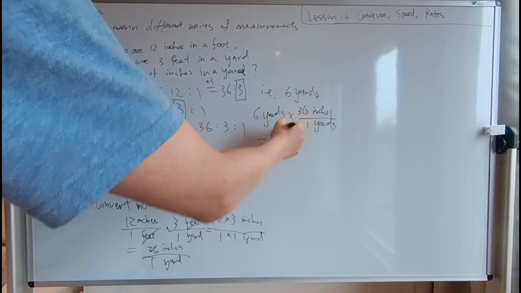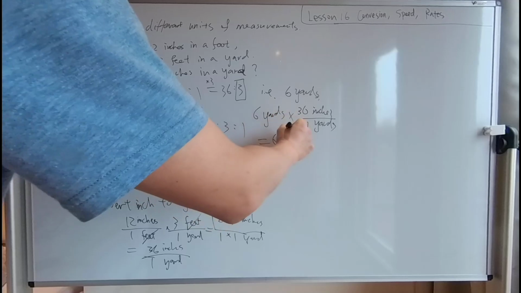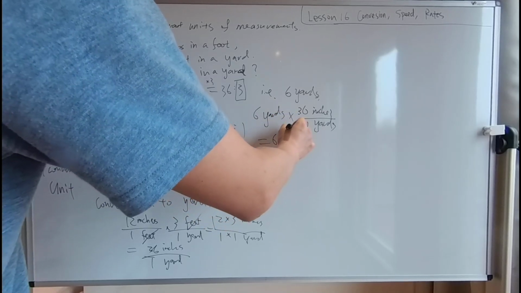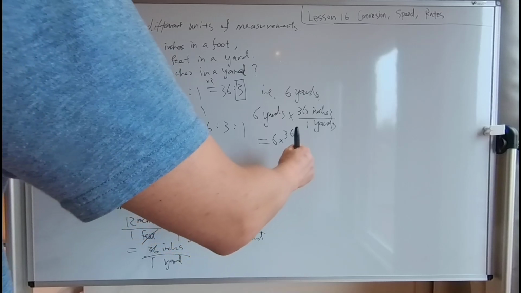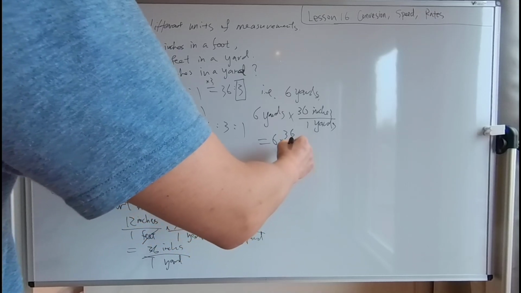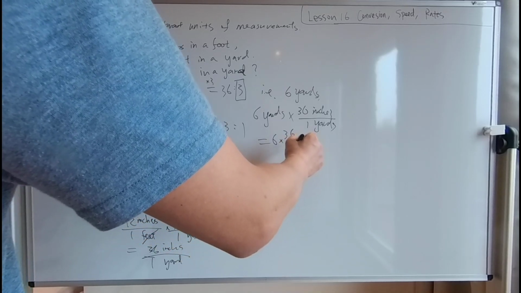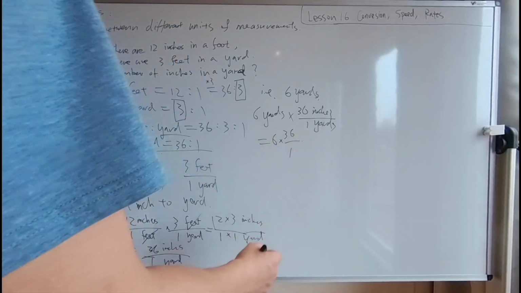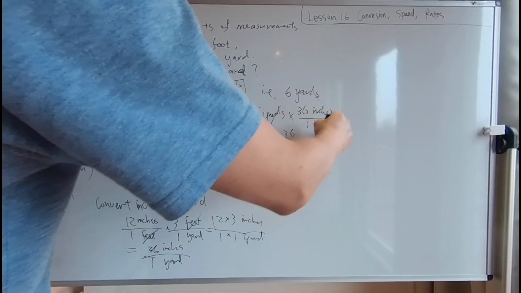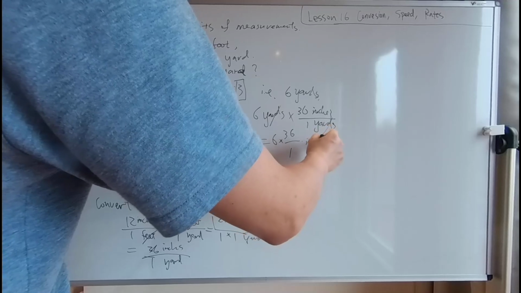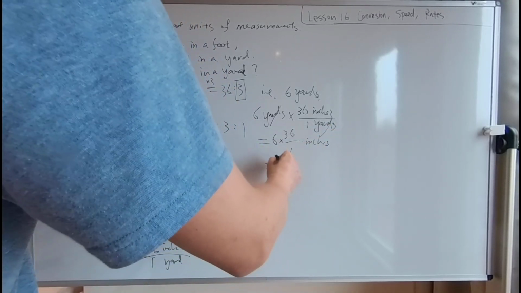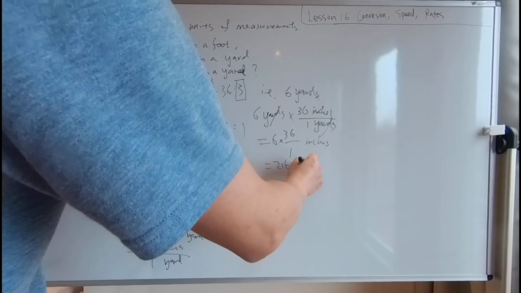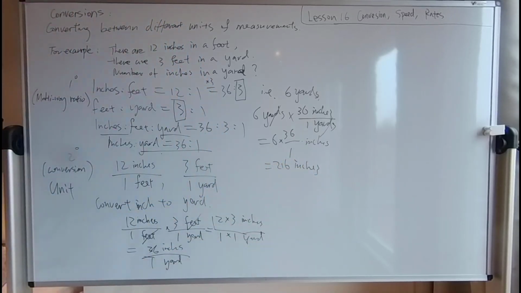Then numbers give you 6 times 36 over 1, and the units cancel out the yards first, have inches left, and eventually that is 216 inches. So 6 yards equals 216 inches.